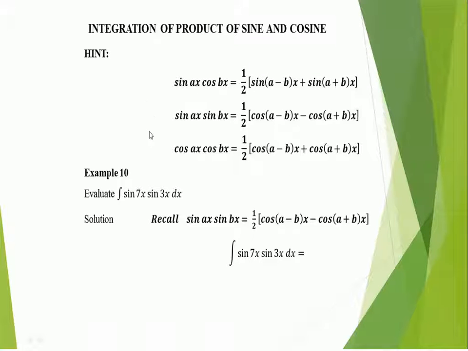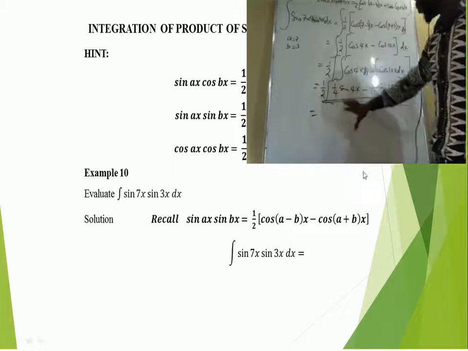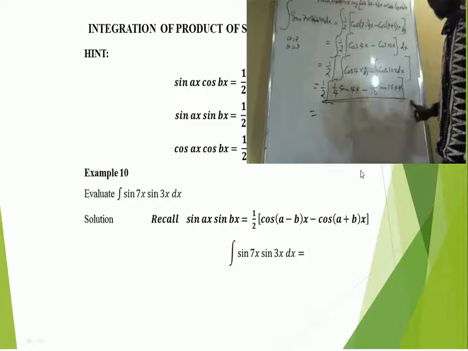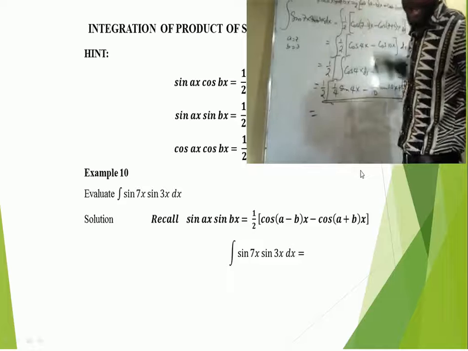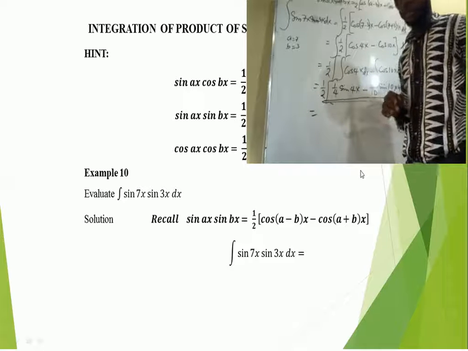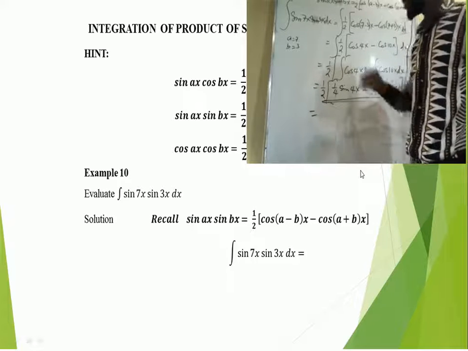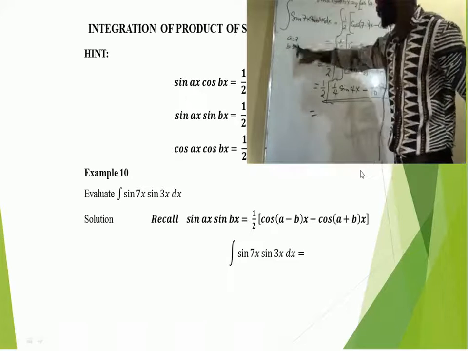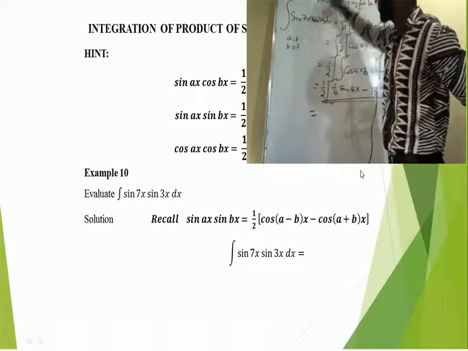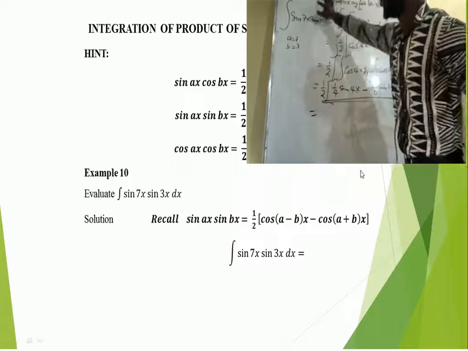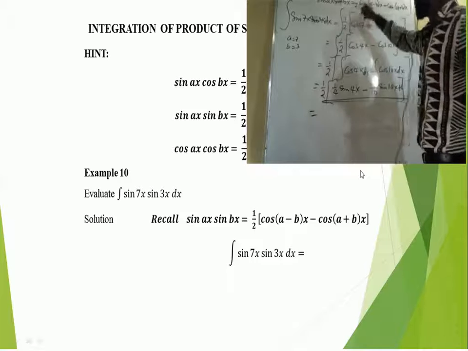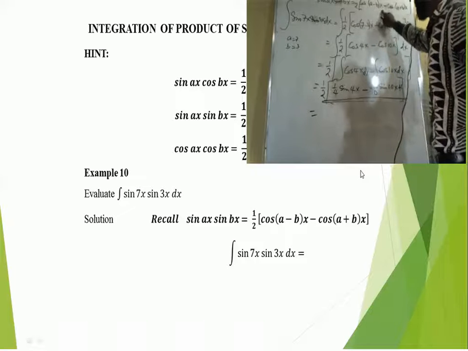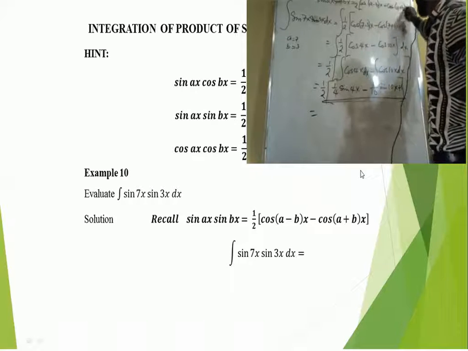So any question on this? So that is how to integrate this. That's how to integrate when you have it as product of sine and cosine. By the time you have it as product of sine and cosine, use your 7 as your A. The first figure is A, the second figure is B. Then you substitute the appropriate identity here, which is half bracket cos A minus B x minus cos A plus B bracket x.